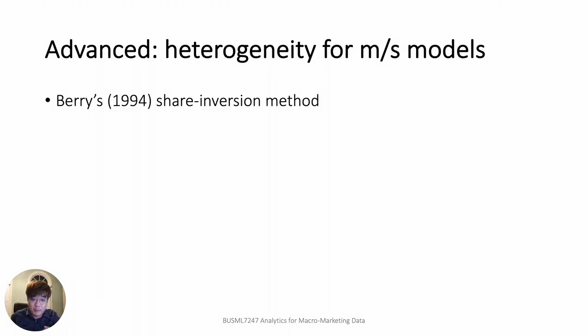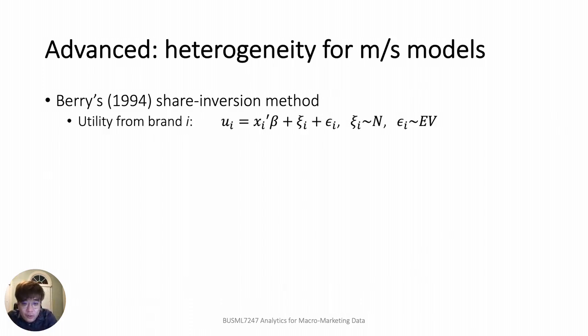Let me start with Berry's share inversion method that we used to derive the market share model. Utility for brand i is coming from the specific features of the brand, a demand shock on the market, and an idiosyncratic error.